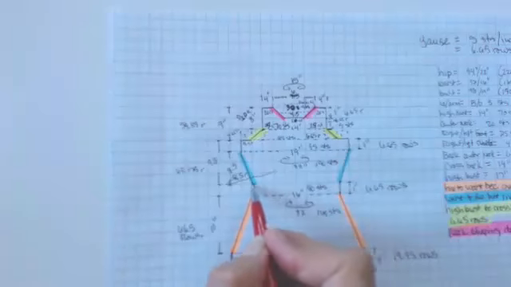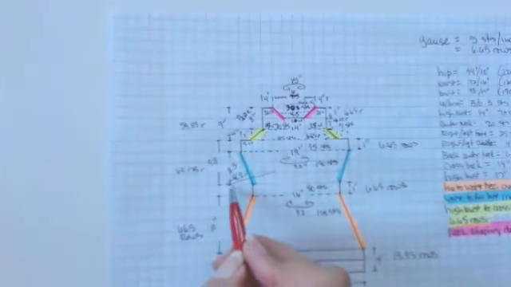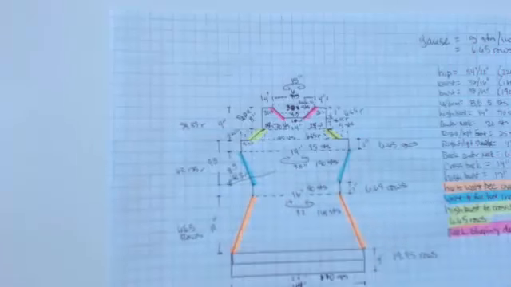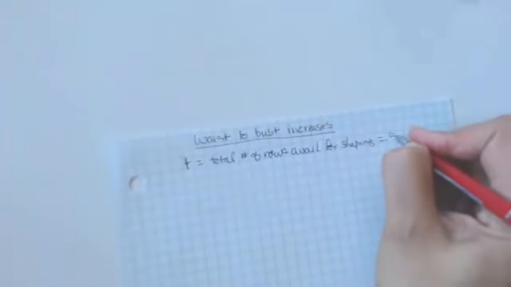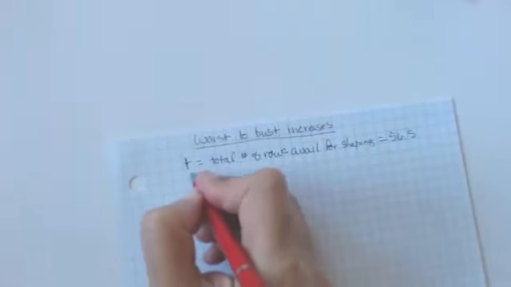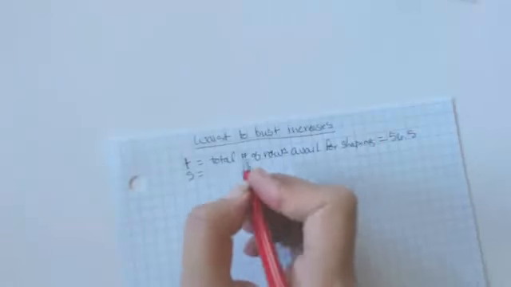Okay, so we're going from here to here, and that is 8.5 inches, which was 56.5 rows. So this is going to be 56.5. S equals, that's the total stitches that we need to increase.